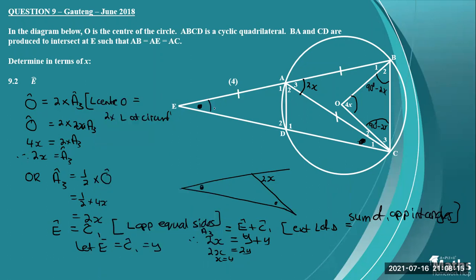We have x is equal to y, so it means angle E is going to be an x and C1 is going to be an x as well. So therefore, angle E is equal to x.